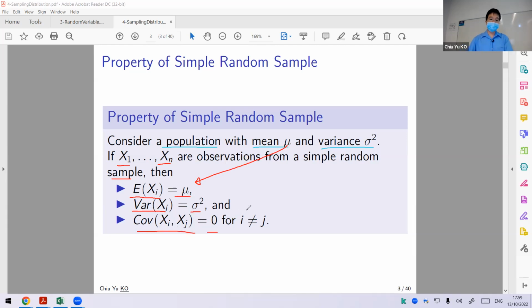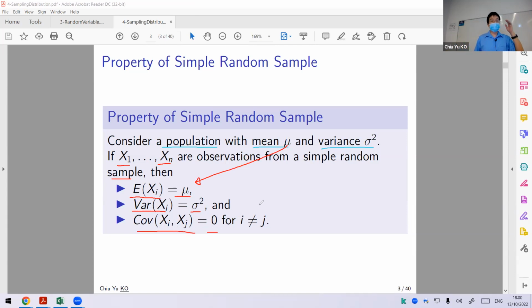So do note that this doesn't mean every time you draw can be any number, right? Can be anything, maybe you don't even get the number mu, but on average, you will have mu and the variance the same as sigma square. Is that clear? Because we're actually drawing things from the population, so it would have the same thing.